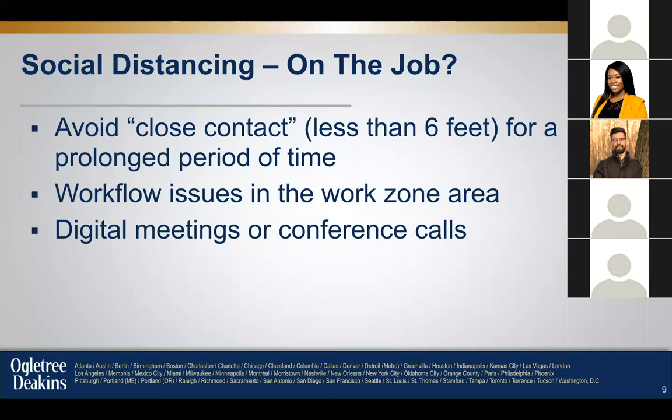The reason that this is important that we're seeing in practice is that if you are not strictly adhering to these guidelines, there can be employees who file complaints with OSHA, and then the employer's place of business is potentially going to be in danger of having to shut down if there is somebody who has a COVID diagnosis and comes into work, and the employer can't identify the strict steps that it took to make sure that there was not close contact for a prolonged period of time between an infected employee and uninfected employee.